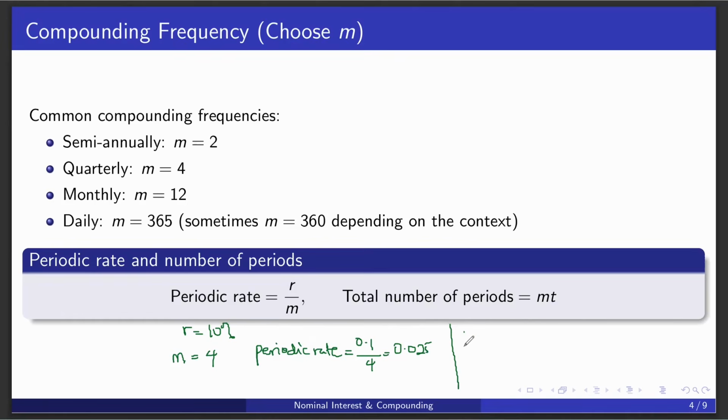Let's consider that T is equal to 5. So this investment spans 5 years. Then the total number of periods is equal to M times T, where M is 4. So 4 times 5 gives us 20. So the total number of periods under consideration is 20.